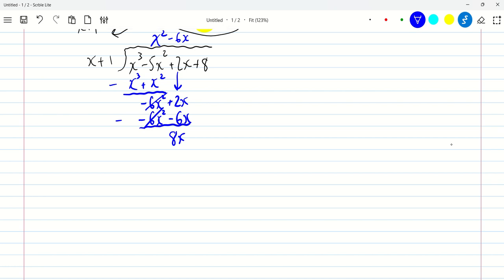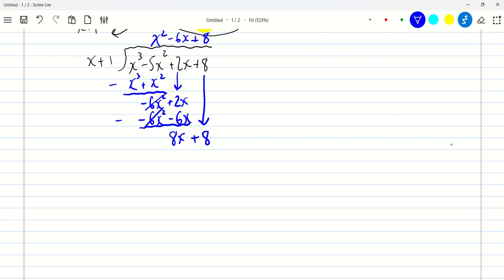Third iteration, we need two terms down here, so we bring down the positive 8, and then we go again. What do we need to multiply x by to give us 8x? The answer is positive 8. So we put positive 8 up here, and multiply that 8 by everything out the front.